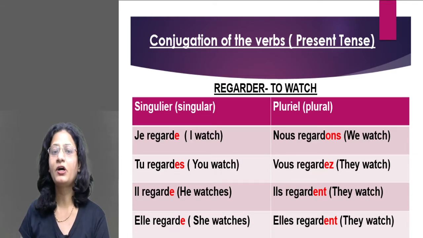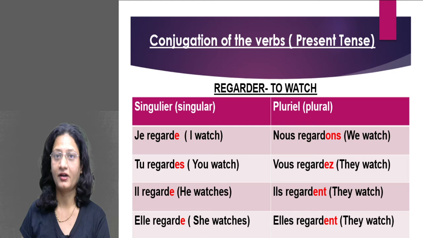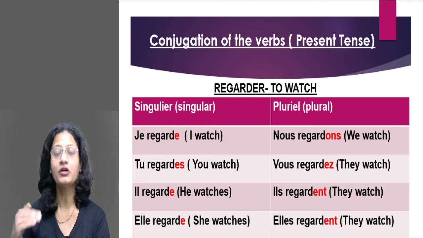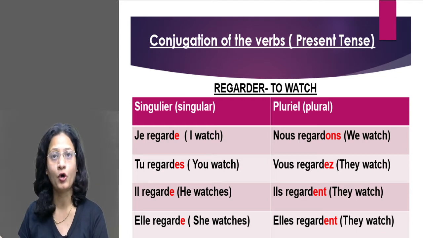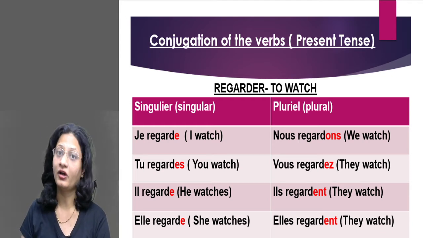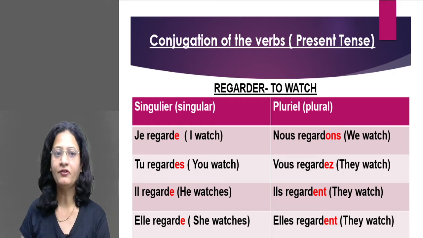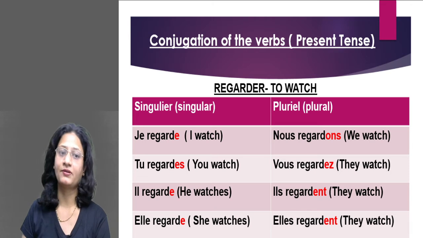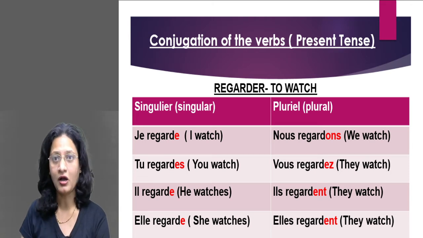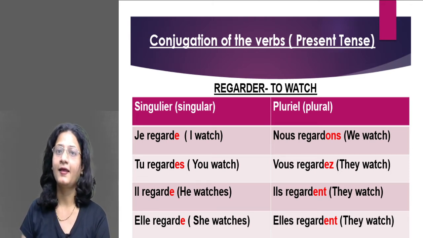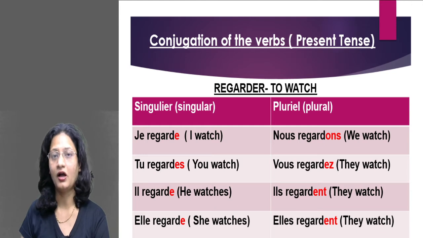Now the next verb is regarder. Regarder, to watch. I watch is je regarde. You watch, tu regardes. Same ending: for je ending E, for tu ending ES. Il regarde. Elle regarde.